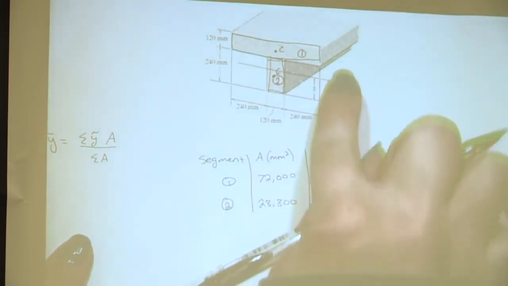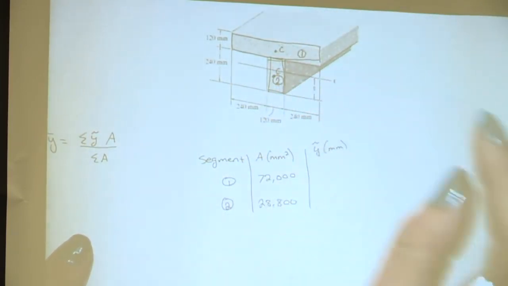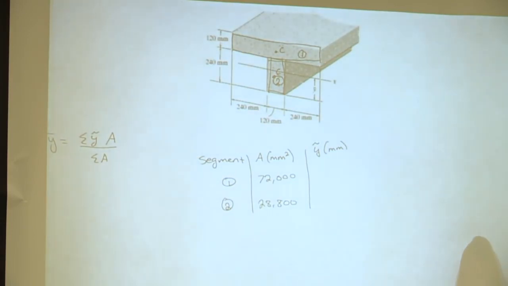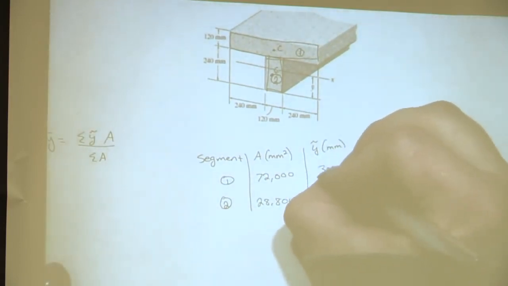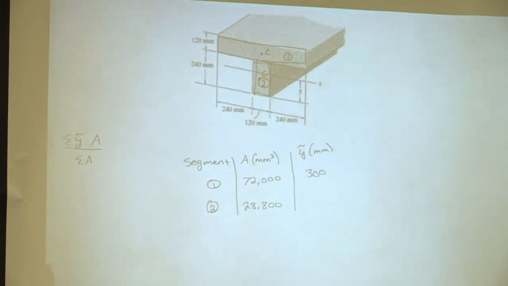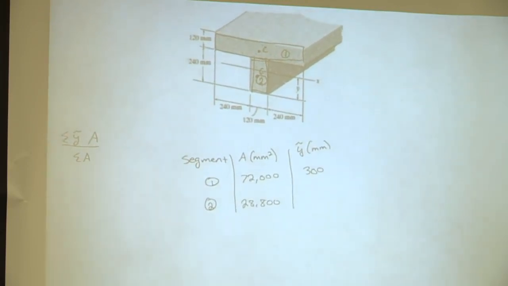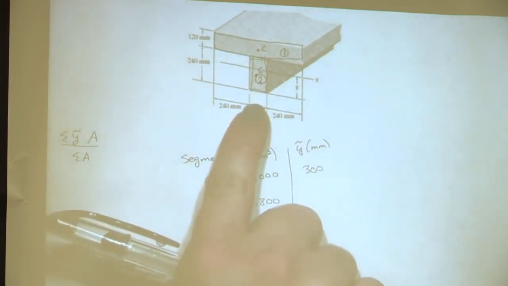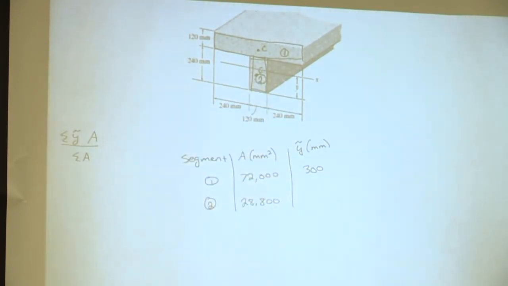Okay, so for segment 1, what is y squiggly? Starting from the bottom, you have 240 plus half of 120. Okay, awesome. So 300. Does anyone not understand how we got 300? Say that again, I'm sorry. Okay. So y squiggly represents the distance from the bottom of the figure, right here, to the centroid of that shape.